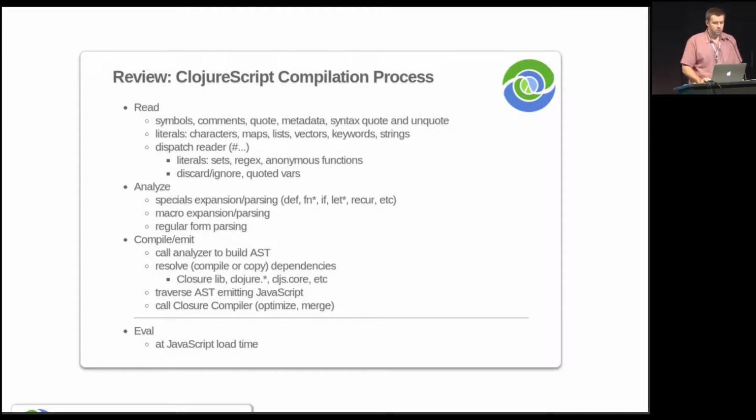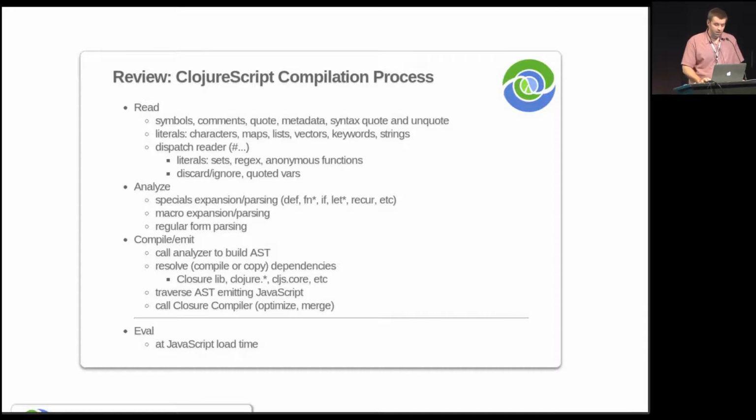But first, just a really quick review of the ClojureScript compilation process, which is very similar to the Clojure process. We have the reader that does basically a pass through a string or file, returning tokens, and there are some magic things that happen to transform that. And then we have the analysis phase, and in particular, that does macro expansion of forms.